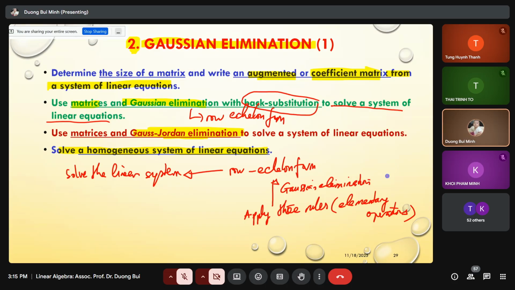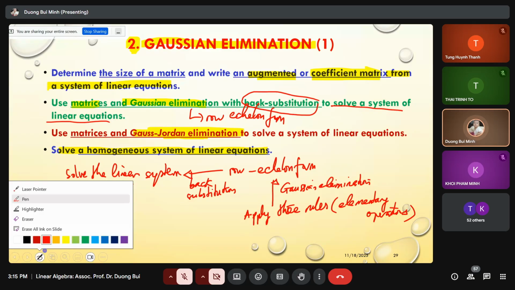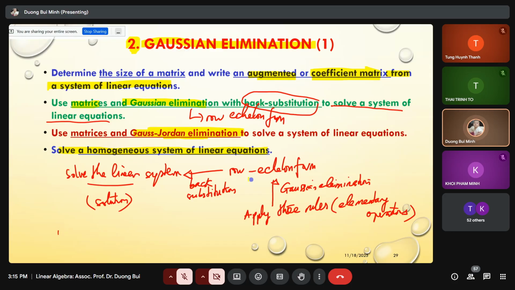If you get the row echelon form, you can apply back substitution and get the solution. So the key task is here: we should apply the 3 rules, the elementary operations, to get the row echelon form. This process is called Gaussian elimination.